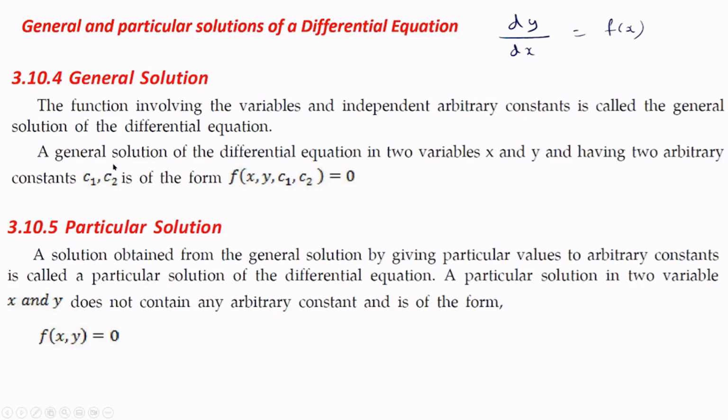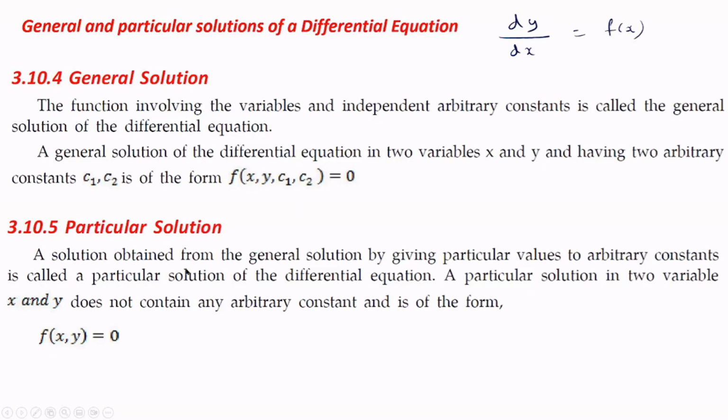So if we have a general solution of a differential equation in two variables x and y and two arbitrary constants c1 and c2, then the general solution takes the form of a function of x, y, c1, c2 equal to 0. And next we have the particular solution. When these arbitrary constants c1 and c2 have certain values, then such a solution is called a particular solution.